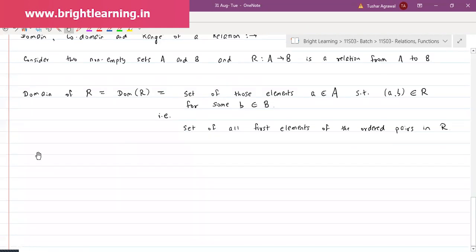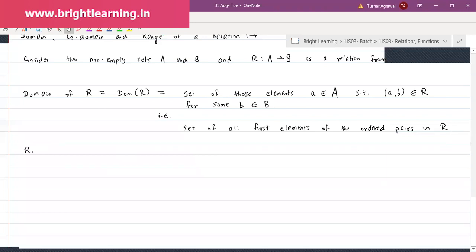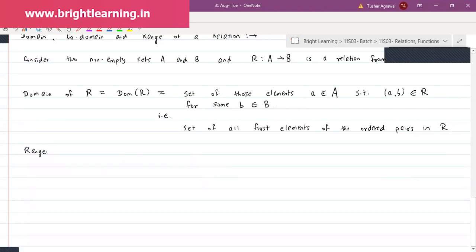Similarly, now range of relation R. Range is the opposite of this. I don't know how the short form of range is written, I think it's written range of R only.